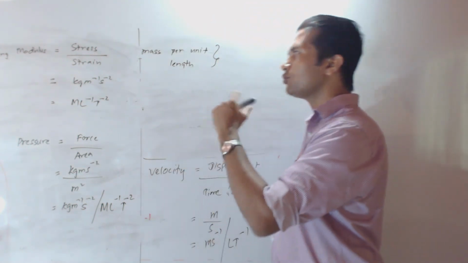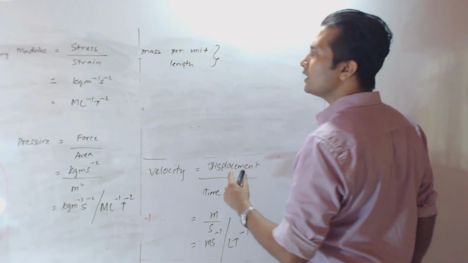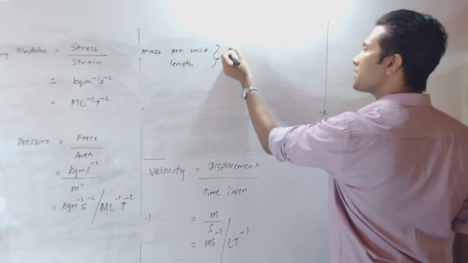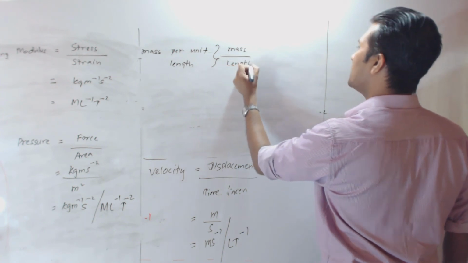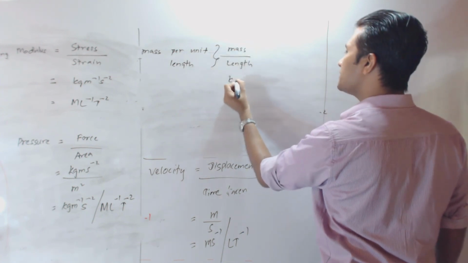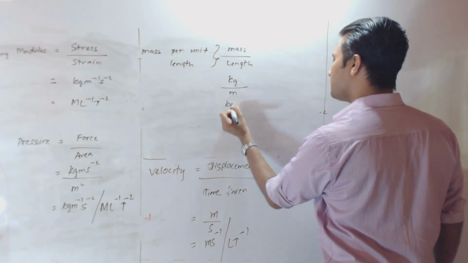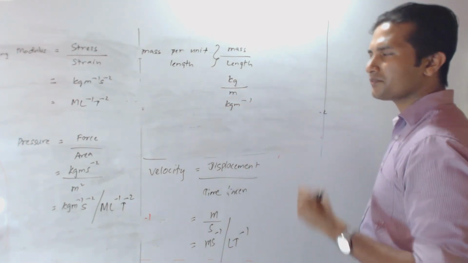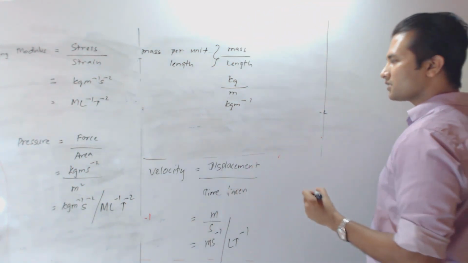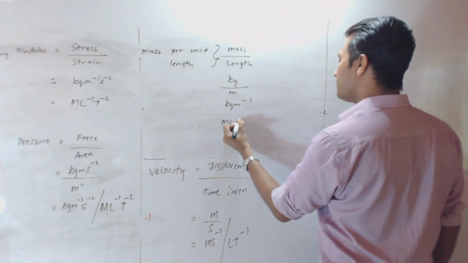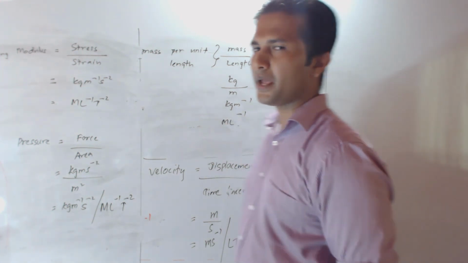So, in order to get mass per unit length, you have to consider the ratio between mass and length. What is the unit of mass? That is simple kg, and length simple m. So finally the unit of the mass per unit length should be kg m minus 1, and the dimension should be M L minus 1.